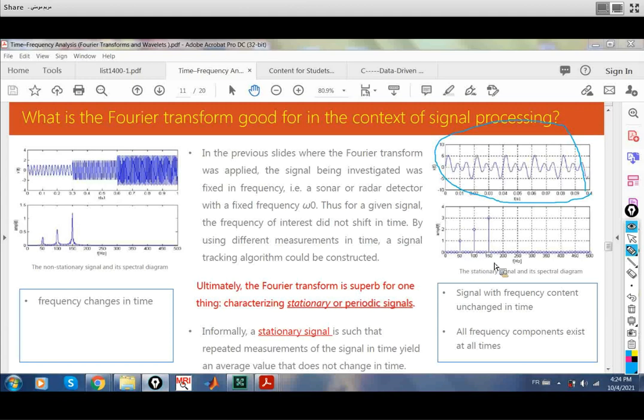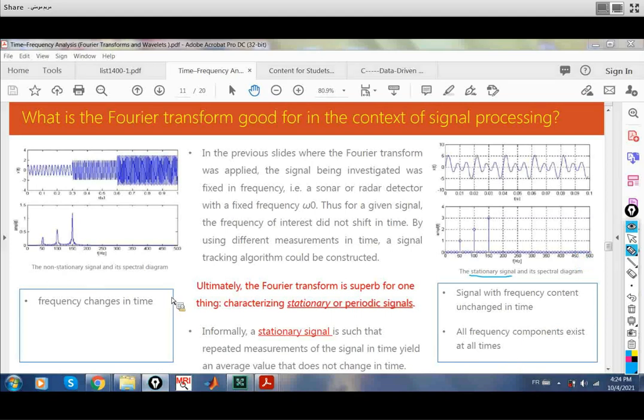Again we see 50, 100, and 150. These two Fourier transforms are similar to each other. We call the right signal a stationary signal. It means a signal with frequency content unchanged in time. Or another way, all frequency components exist at all times.